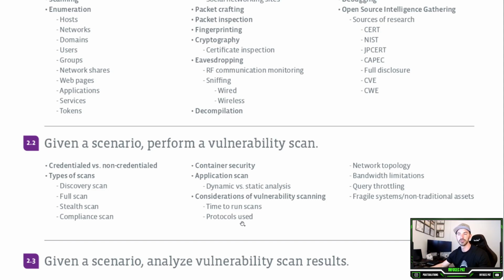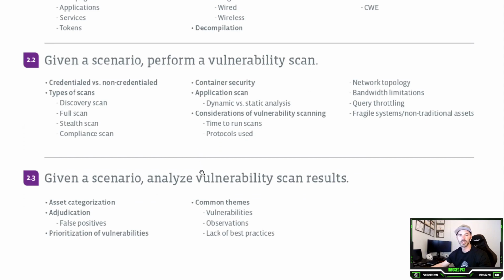The protocols used. Is it UDP, TCP, SMTP, SSH, Telnet, etc.? Understanding the network topology is super critical. Bandwidth limitations. Do you have bandwidth limitations? If I'm running a scan, am I going to bog your pipe down? And fragile systems and non-traditional assets. So let's keep going. All right.